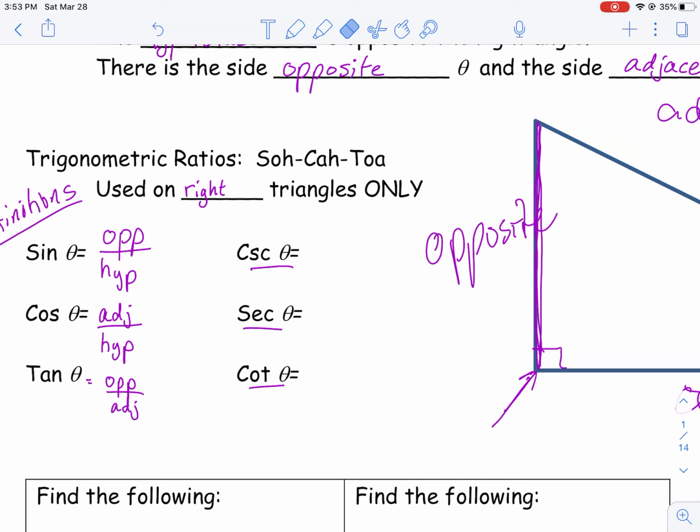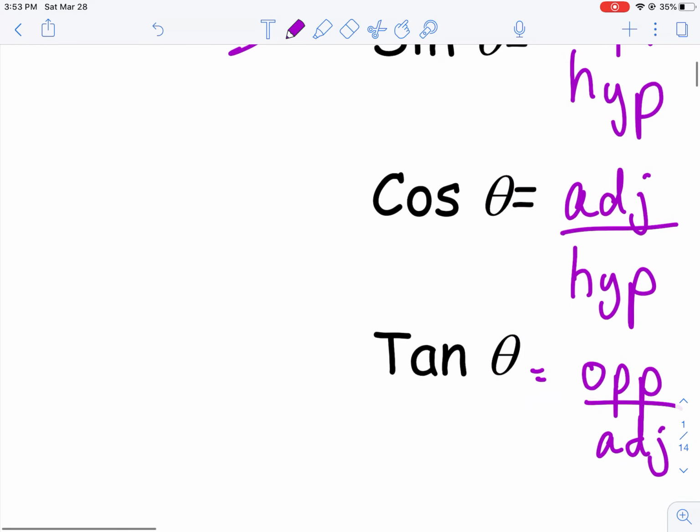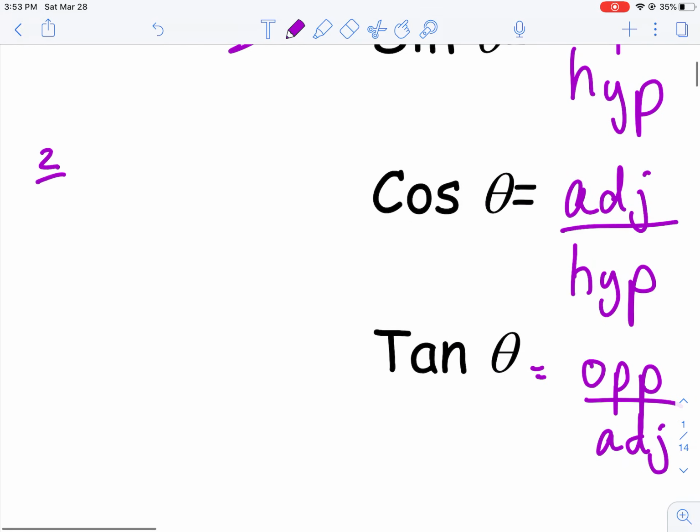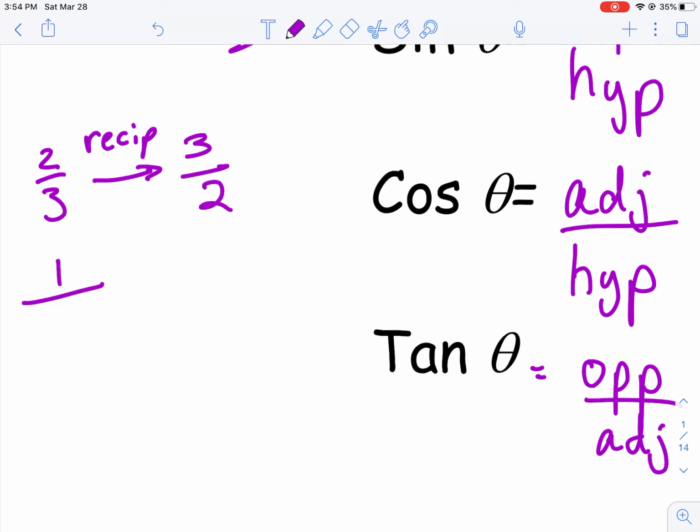All right, before I go into this next set of trig functions, I'm going to do a quick example. I'm going to zoom in here and have you think about it. If I said I've got 2/3, and I asked you, what's the reciprocal of 2/3? I'm guessing most of you would say 3/2, no problem. If I told you to take 1 divided by 2/3, I'm guessing some of you are having a little harder time with that. If I took 1 divided by 2/3, or 1 times the reciprocal, that's going to give you 3/2.